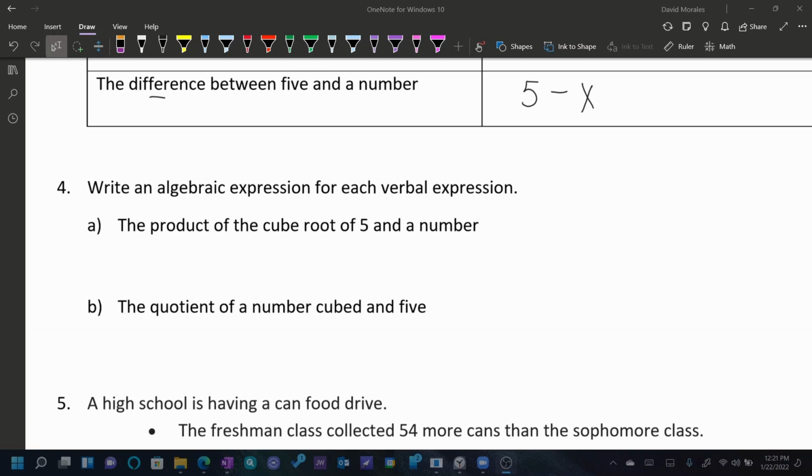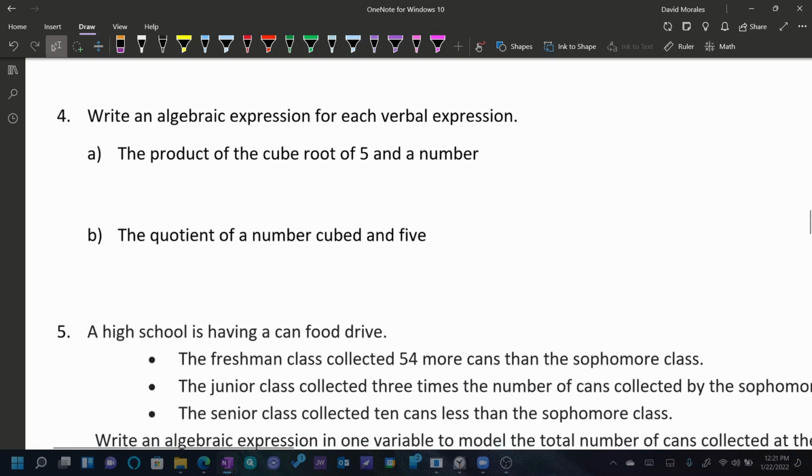So for number four, it says write an algebraic expression for each verbal expression. Again, pay attention to your ofs and ands. They work hand in hand with each other. What is this group doing?